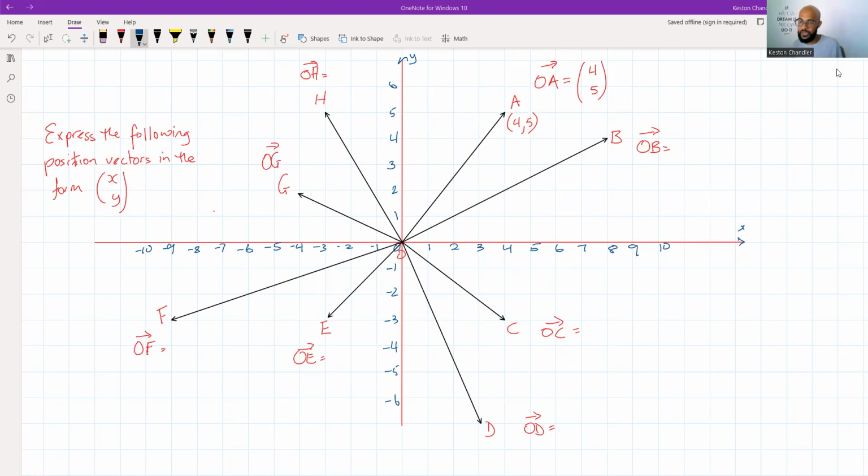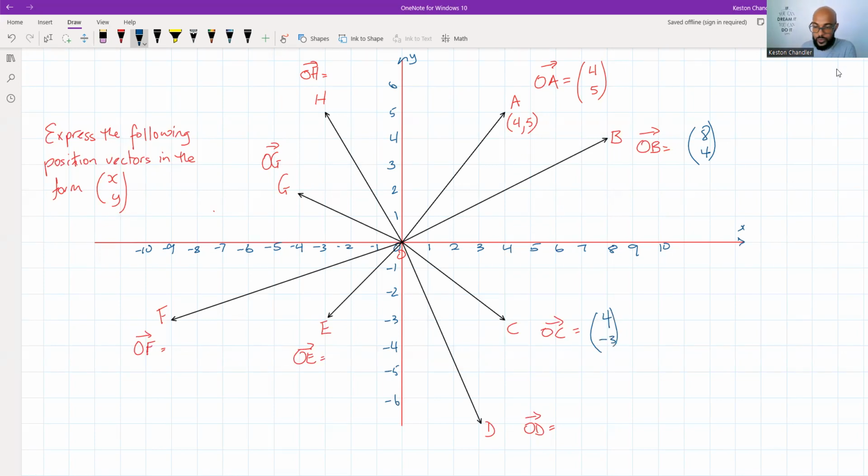The endpoints of B here, if we look down, that's 8. And across, right, is 4. So the vector OB, the position vector OB as a column matrix is going to be 8, 4. For OC, right, my X value here is 4. My Y value across on the side here, look at where it's coming across to -3.